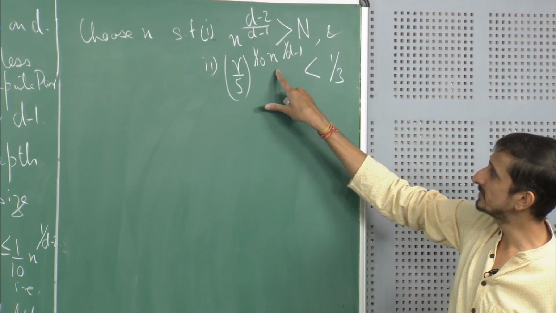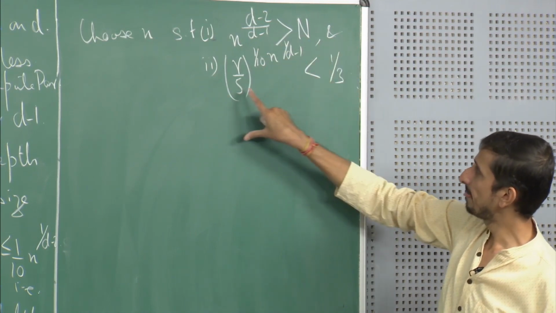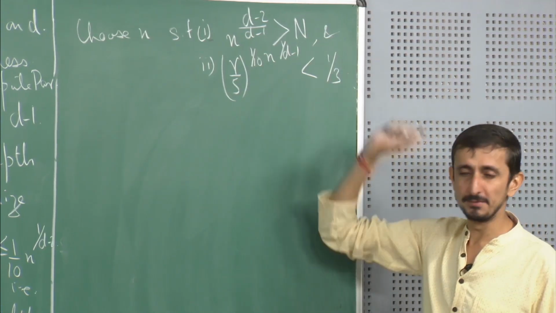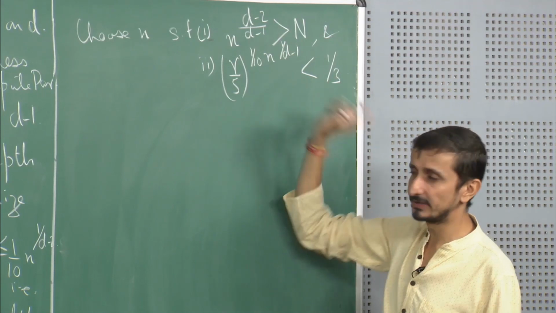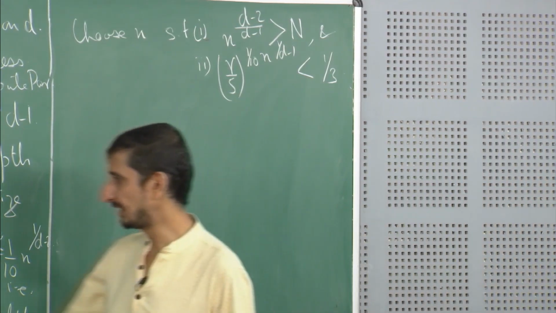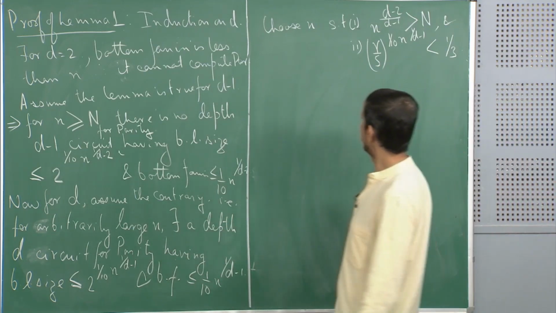So, I can again choose n large enough so that with this power this term becomes less than 1/3 and take n to be the maximum of these two. Okay. So, take n which satisfies both these two constraints. Okay. So, because n is arbitrarily large, I can always choose such an n. Okay.